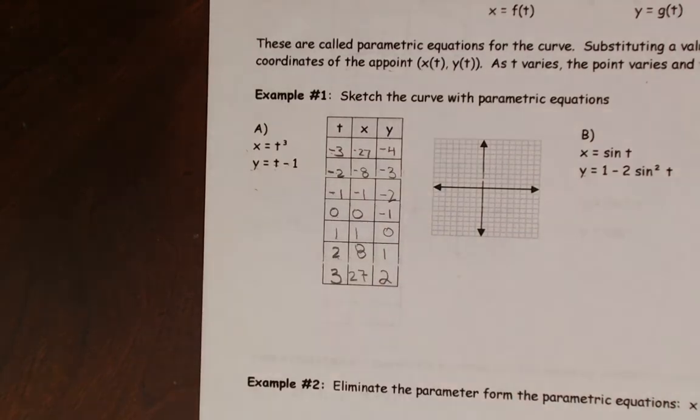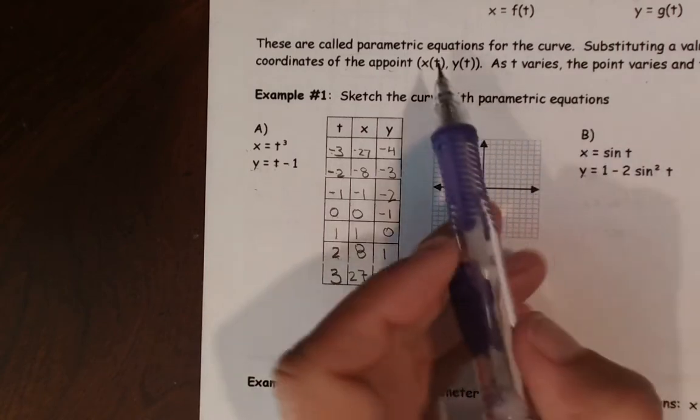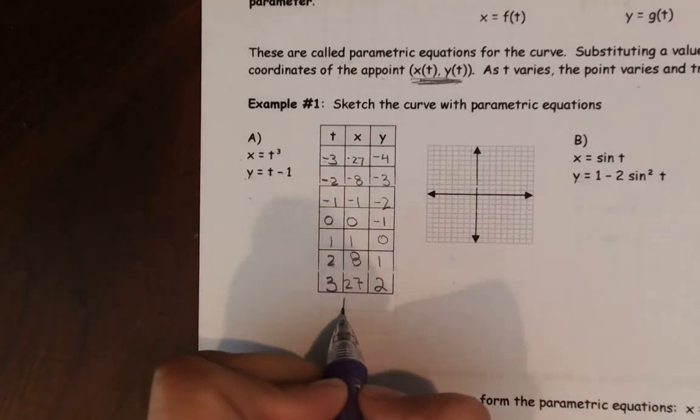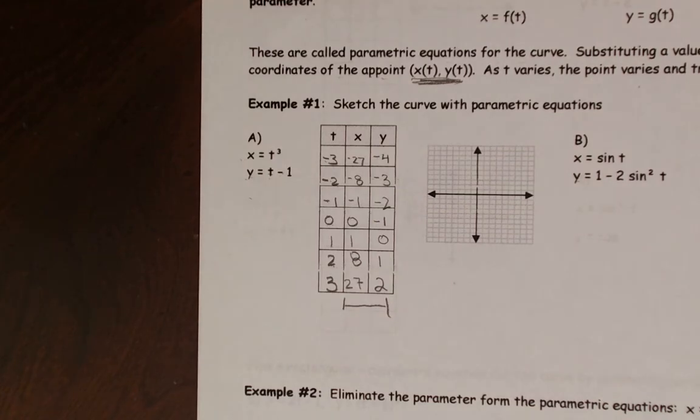And 3 minus 1. Now, if I go to graph this, I'm graphing x of t, comma, y of t. So I'm graphing these two.